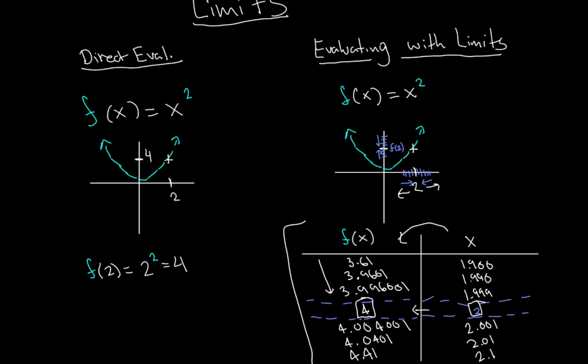So during direct evaluation, it's written like this, as you see here, f of 2. The notation for limits, I'll do it in blue here, is: you write lim, which is just short for limit, as x approaches 2, or the value you're trying to evaluate at, and then you write the function f of x, right?